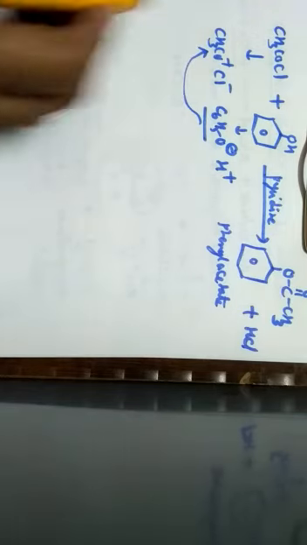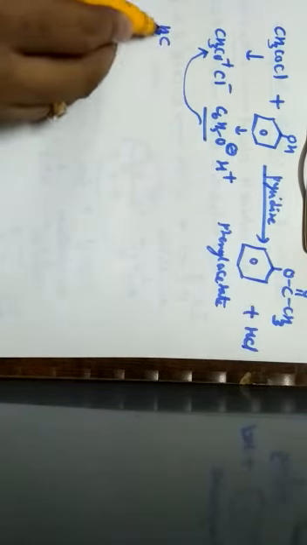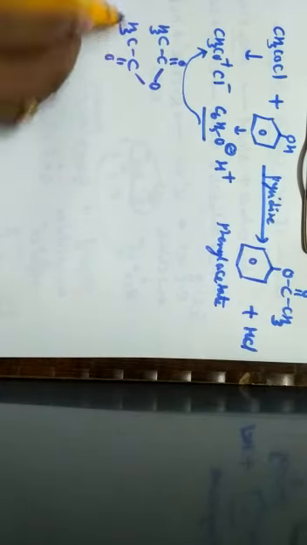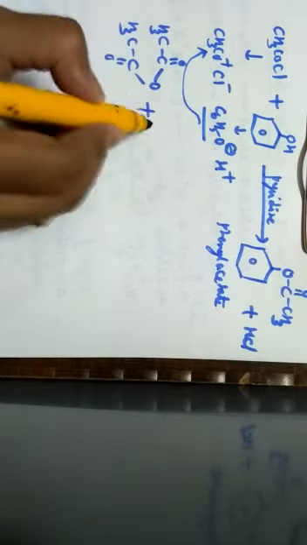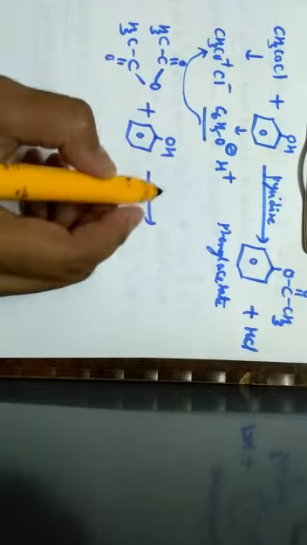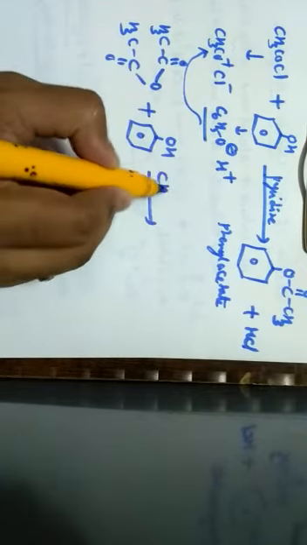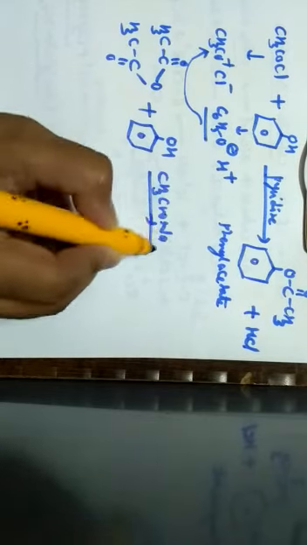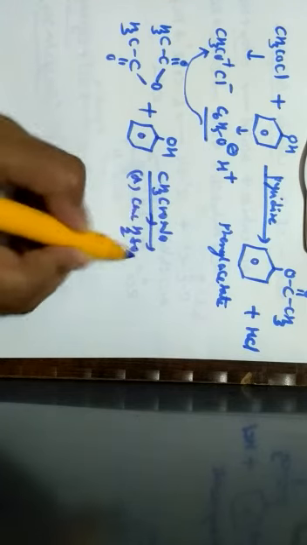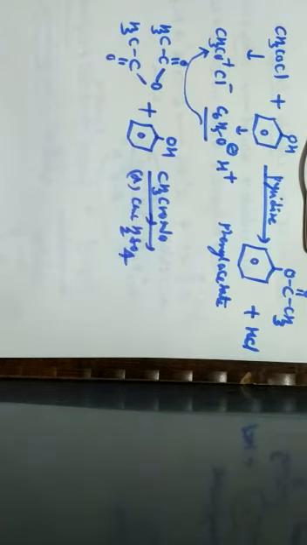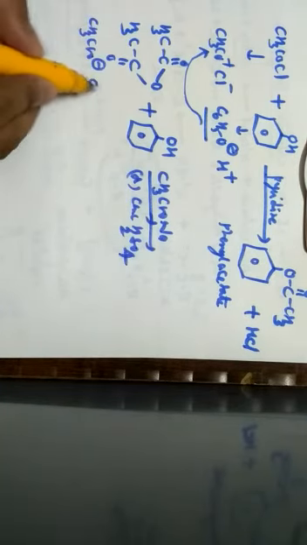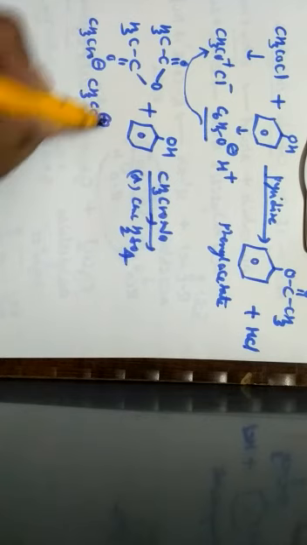In the same way, if acid anhydride is involved, that is CH3CO-O-COCH3, which is nothing but acetic anhydride, when it is made to react with a phenol in the presence of sodium salt of carboxylic acid, that is sodium acetate, or the reaction takes place in the presence of concentrated sulfuric acid, it ionizes as CH3COO minus along with CH3CO plus.